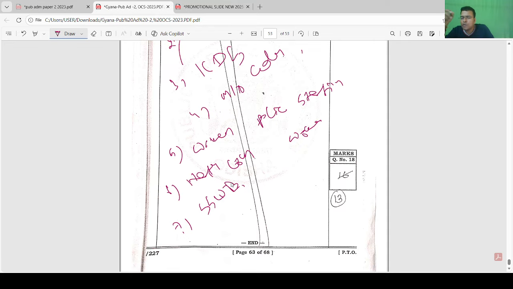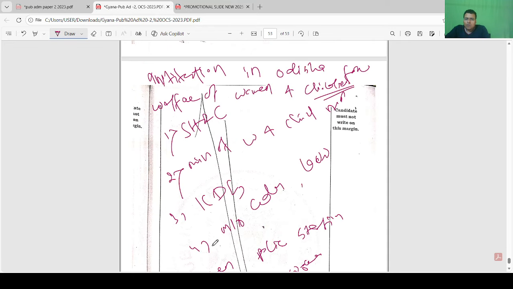Like Central Social Welfare Board, we have State Social Welfare Board. So he needs to add.